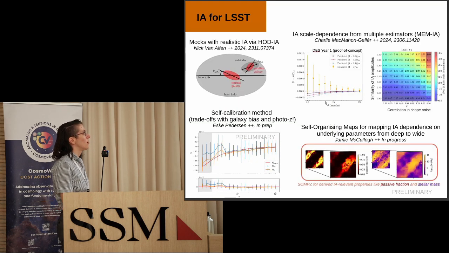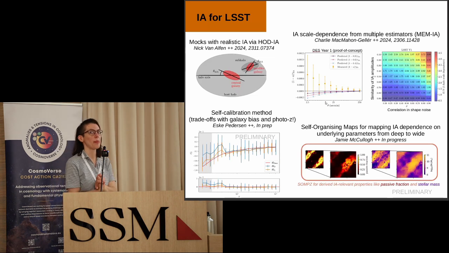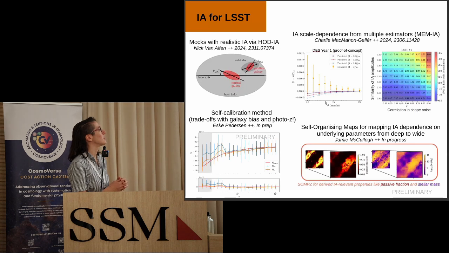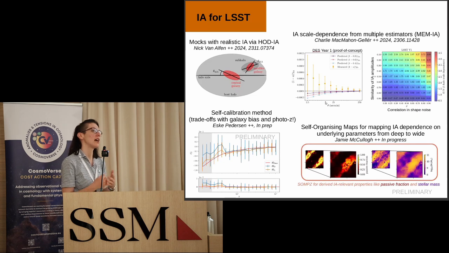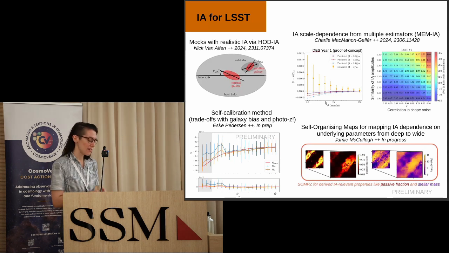Okay, here's just a flavor of the ways we're thinking about this within the LSST Dark Energy Science Collaboration, with different projects ongoing. We've been working towards having mock catalogs which have realistic intrinsic alignment. This is challenging because even with big N-body simulations, because of storage requirements, it's not always the case that you have shape information for halos down to subhalos, where you would care about satellite galaxies.